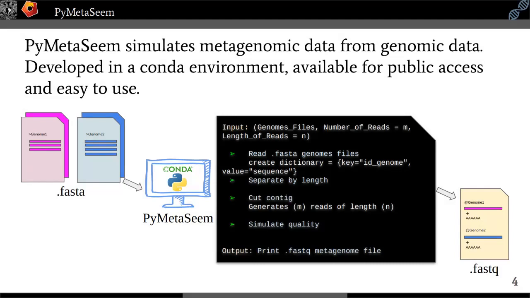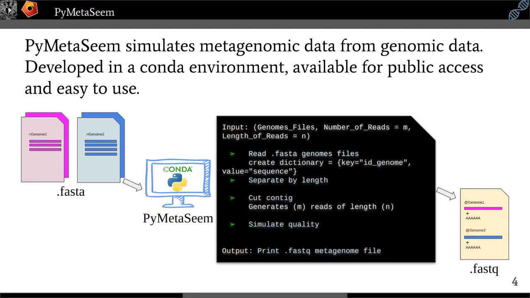PyMetaSeem receives a set of files with different genomes, which are converted into a dictionary containing each nucleotide sequence as a value and its name or identifier as a key, which facilitates data management in Python.